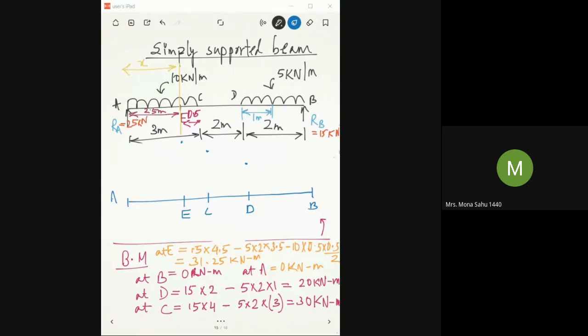And again, A is 0. How will you draw the diagram?